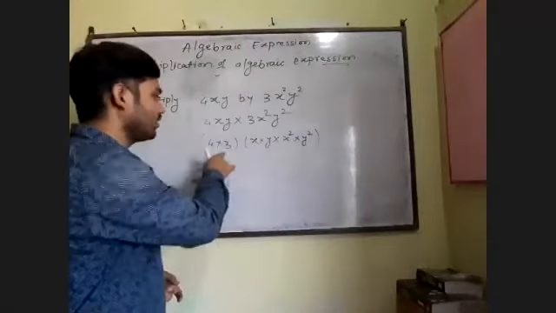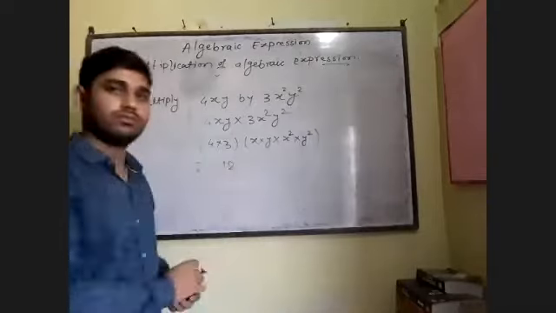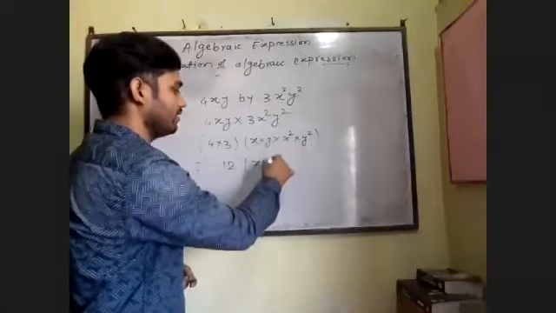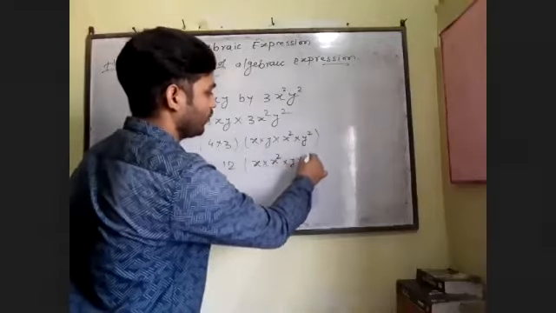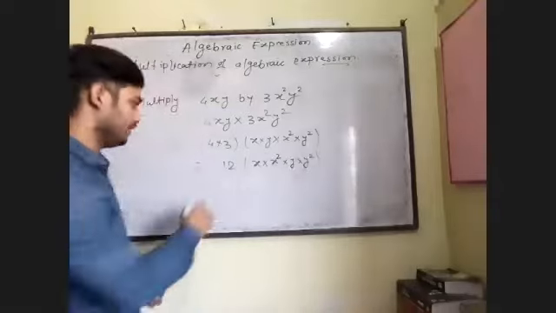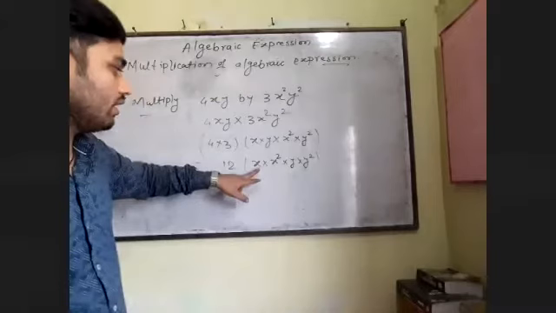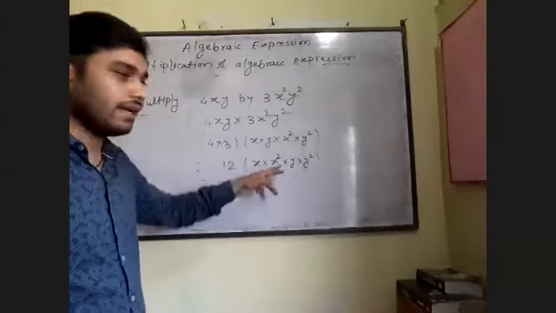So it becomes 4 into 3, that is 12. Now arrange it: x into x square, then y into y square. Now, as I told you, if the bases are equal, then we can add their powers.